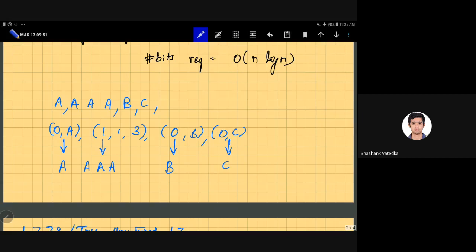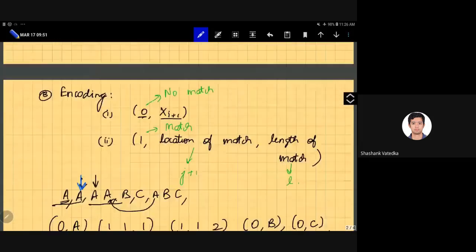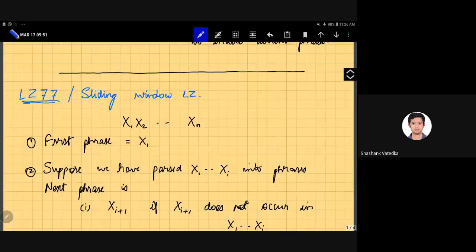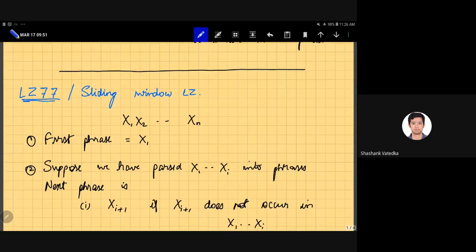Okay, so this is a minor variant of what I have discussed. Asymptotically, all of these are optimal. It doesn't really make much of a difference, but when you implement it, there are a lot of optimizations that one can do. Another optimization that people typically do is this: here, when you're looking for a match, you look for a match all the way from the first location up to the ith location, right?